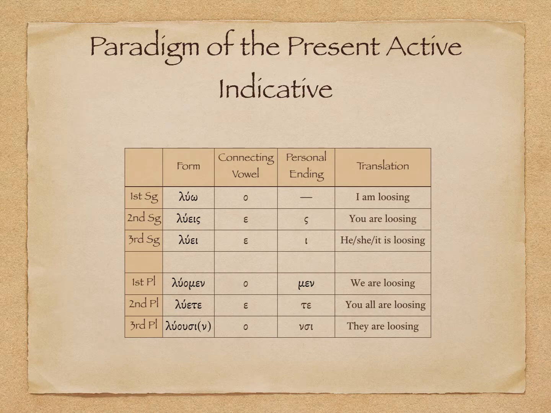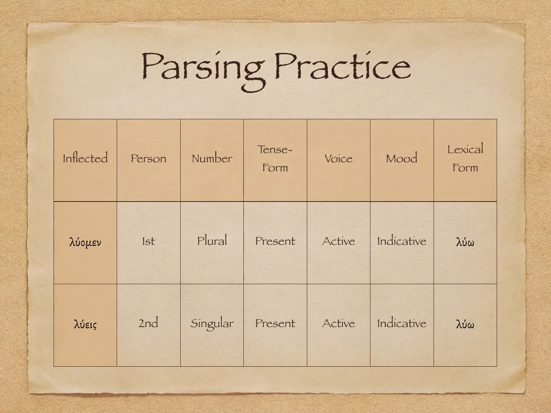We'll come back to this paradigm and others for the imperfect, the aorist, the future, all of the various tense forms. Well, let's do a bit of parsing practice here. You'll notice this in the workbook assignment for Chapter 16, parsing.